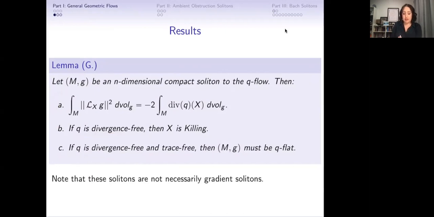What I'm asserting is that the integral of the norm squared of my Lie derivative is equal to -2 times the integral of the divergence of my tensor Q. Okay, so let's look at how this is proved, and then I'll talk a bit more about B and C, because I think that those are really the more interesting parts of this lemma.